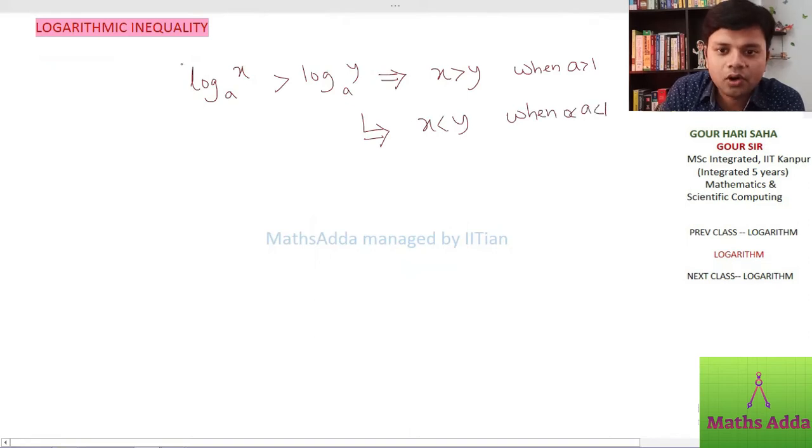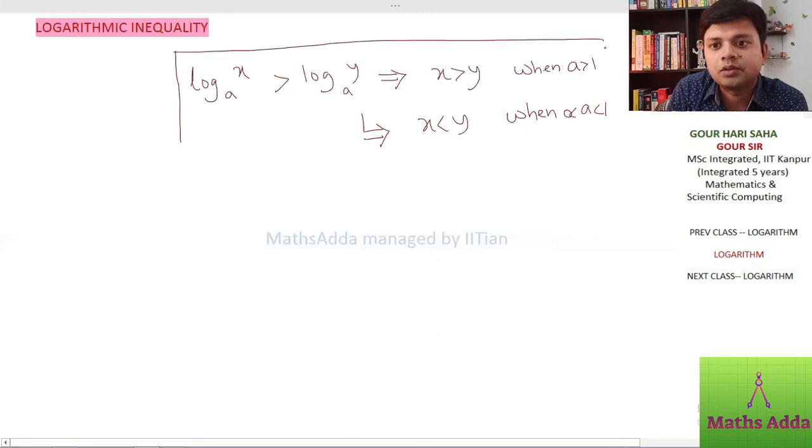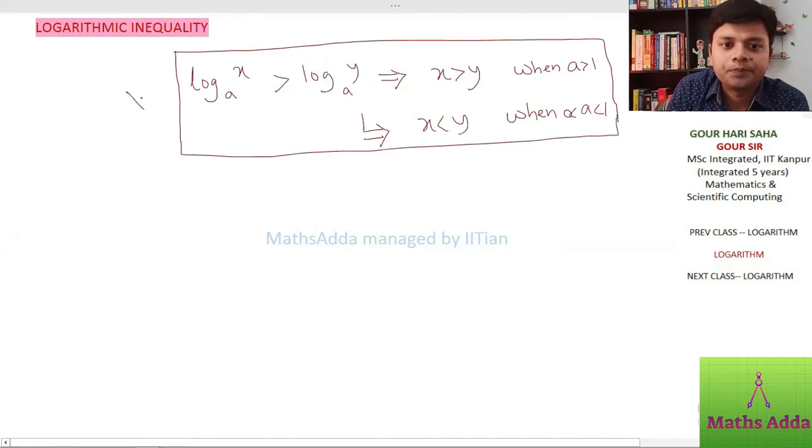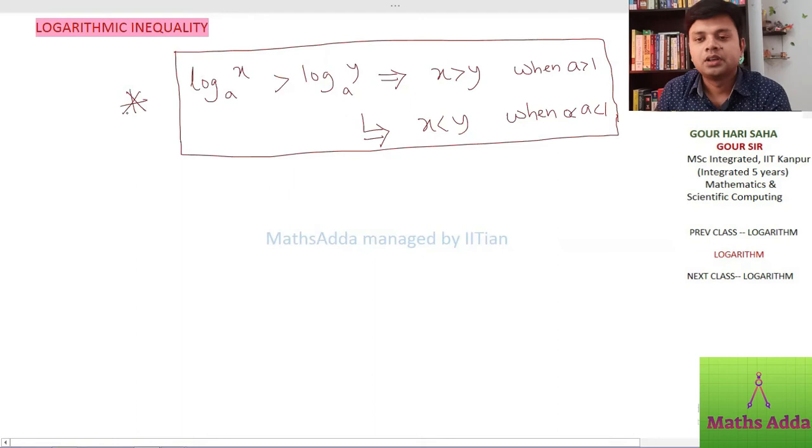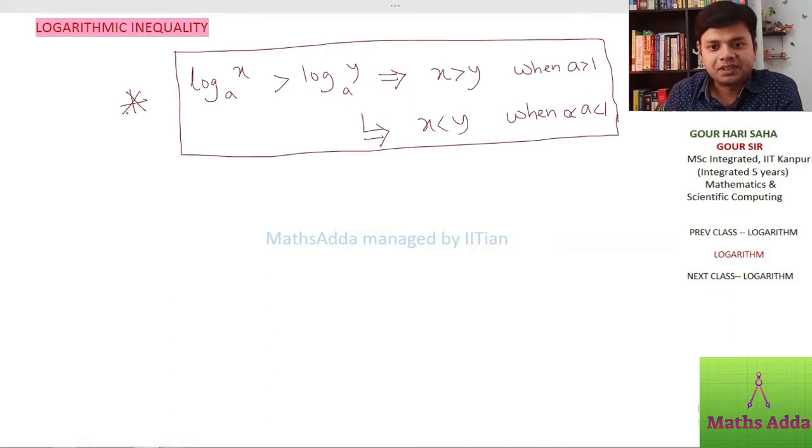Log x greater than log y implies x is greater than y when a is greater than 1, and the same thing implies just opposite, x is less than y, when a is between 0 and 1. This is the key formula for logarithmic inequality. We will be solving all the logarithmic inequality questions using this formula. This is very important, and I can tell you this is the only formula of logarithmic inequality which will be able to solve all the questions.